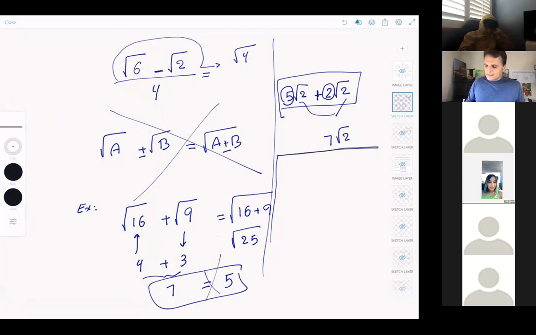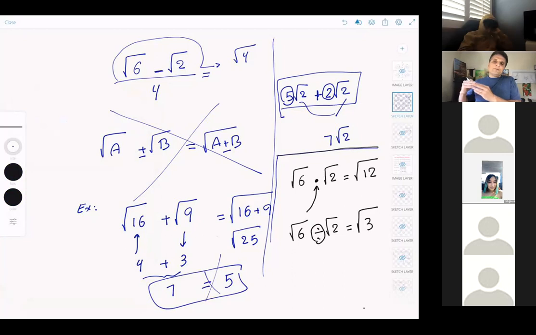So if we have radical 6 multiplied by radical 2, yes, we can write radical 12 if it's multiplication. If we have radical 6 divided by radical 2, yes, we can write it radical 3. Division, we also can simplify inside.